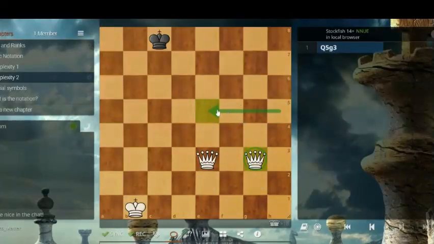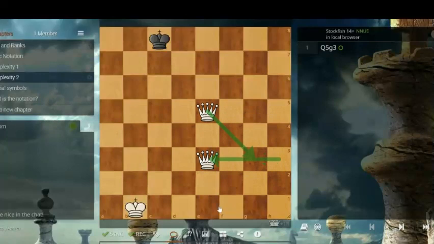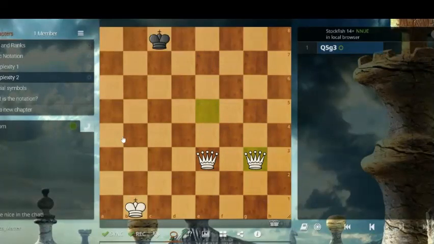This queen was on the 5th rank while this queen is on the 3rd rank. So as you can see, each square has its own unique combination, so we don't get confused which piece is moving to the square. Notation is very helpful.